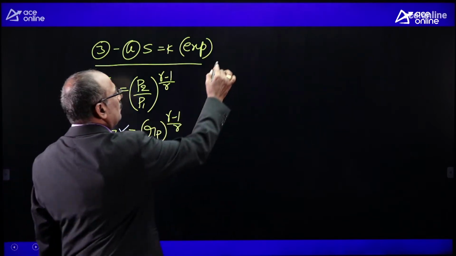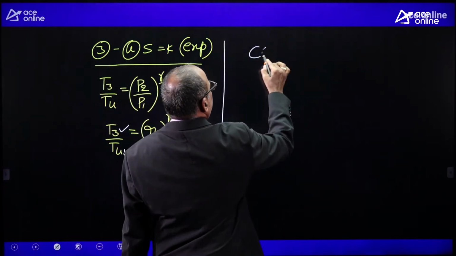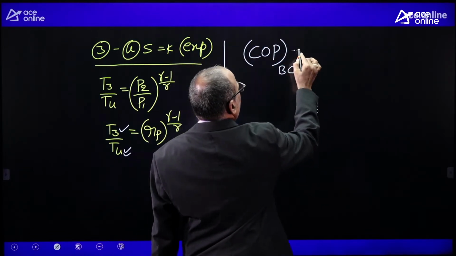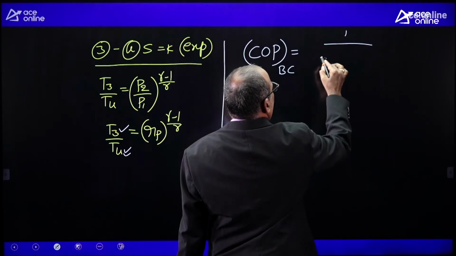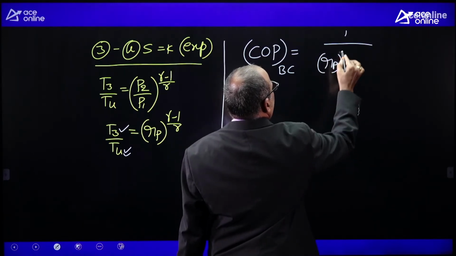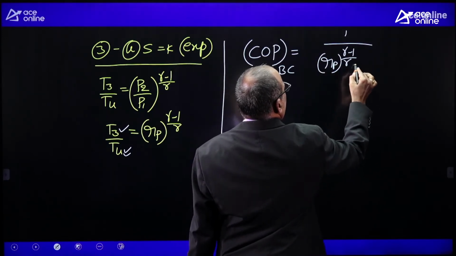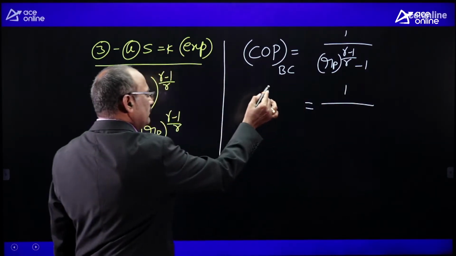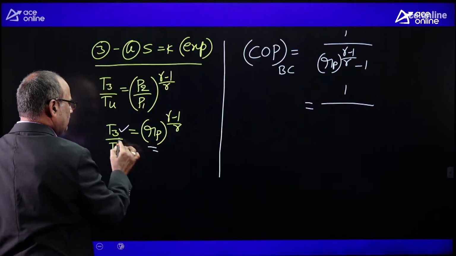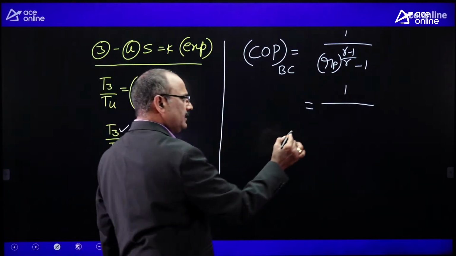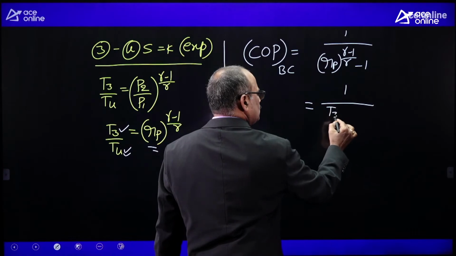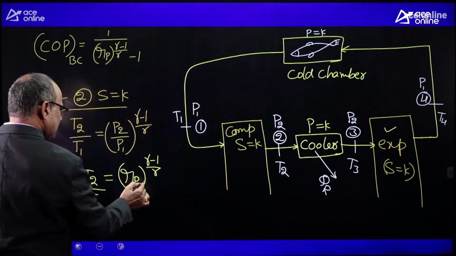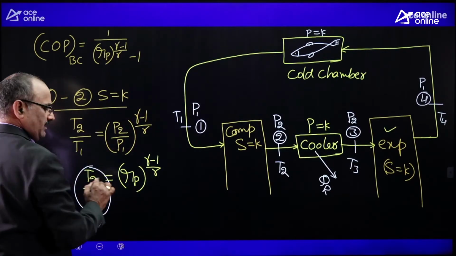Okay? Now the COP of the Bell-Coleman cycle is equal to 1 by (RP power (gamma minus 1) by gamma minus 1). It is equal to 1 by, in place of RP power (gamma minus 1) by gamma, I can write T3 by T4. Of course, you can also write RP power (gamma minus 1) by gamma as T2 by T1.